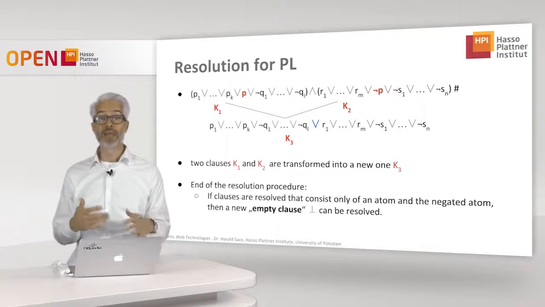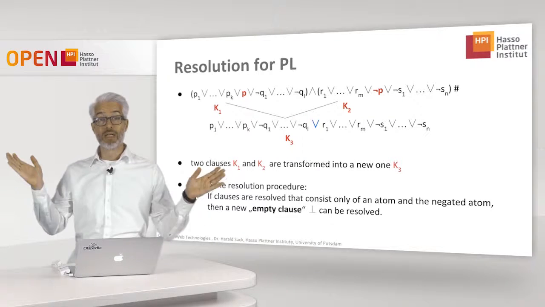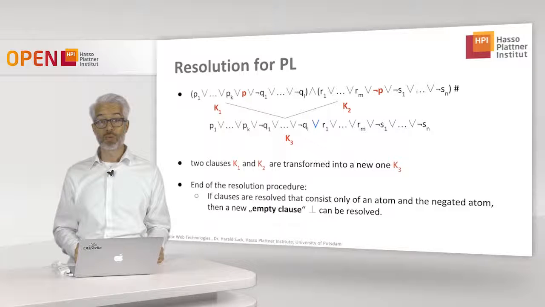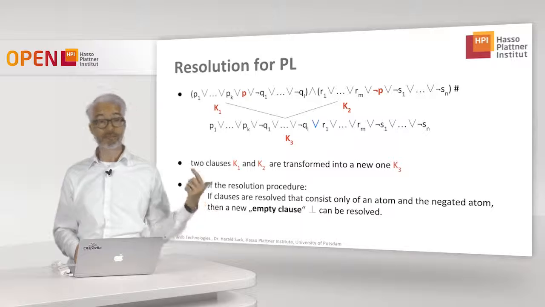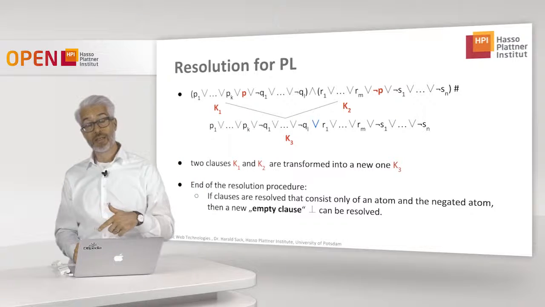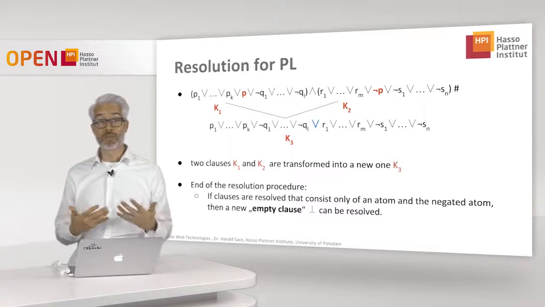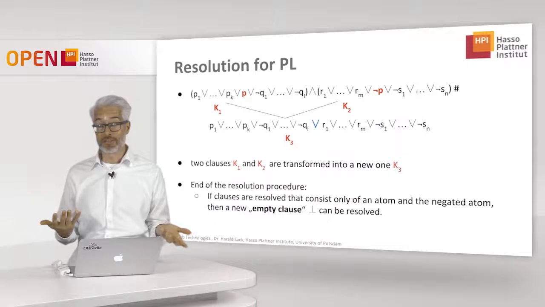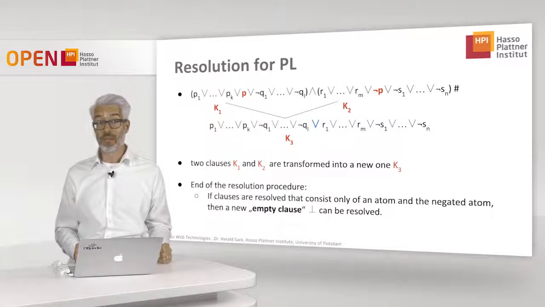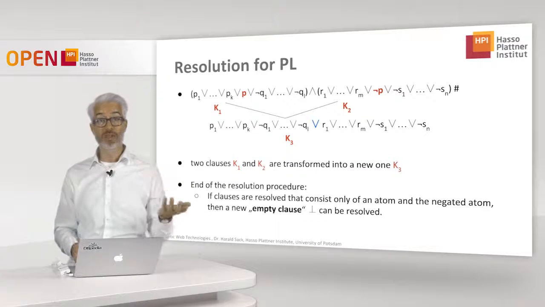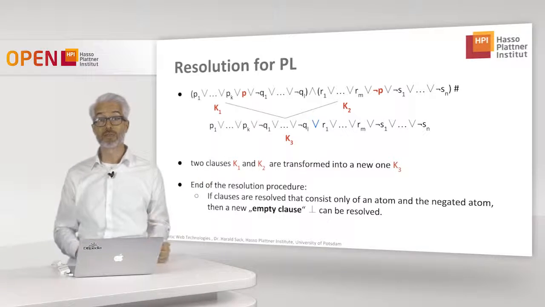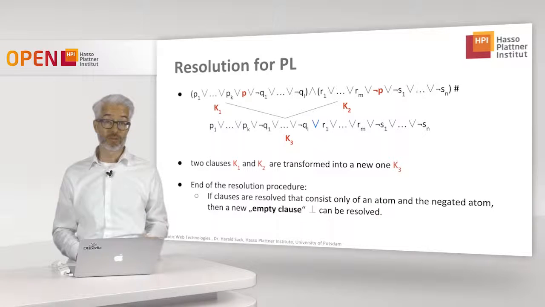And this might in the end lead to a situation where we only have in two clauses one atom, which once is negated and on the other hand is not negated. And this would result in a so-called empty clause. And then, of course, we are done. Then the logical formula from the beginning is resolved, and we have deduced that there is a contradiction in it. And this was our original goal.